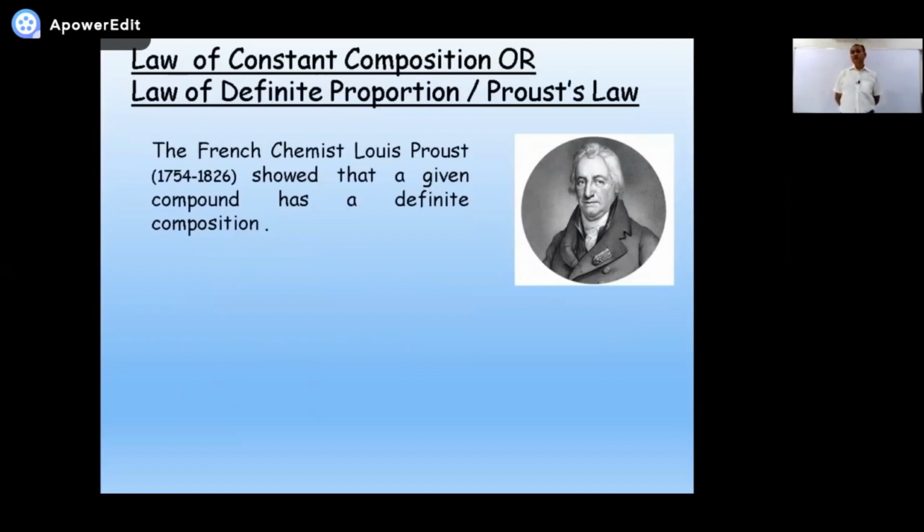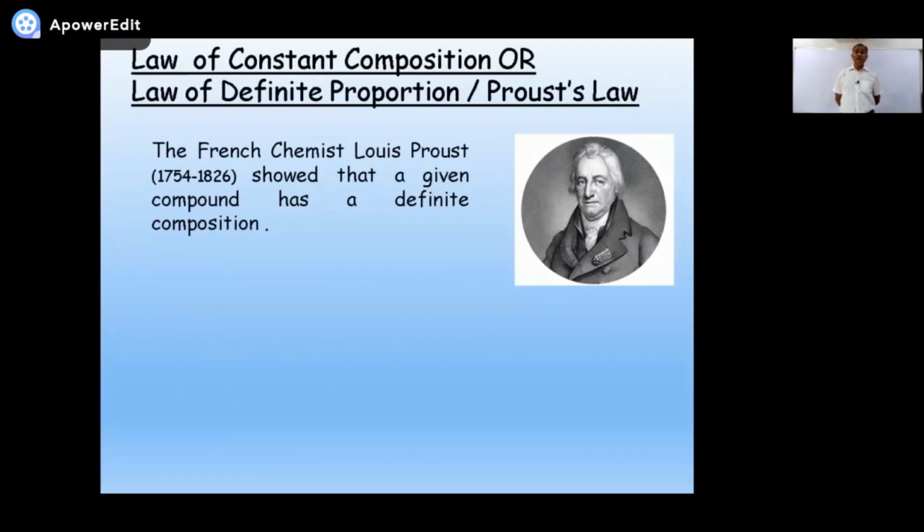Always you will find 2 elements, hydrogen and oxygen. 2 atoms of hydrogen and 1 atom of oxygen will give you what? Water. So if it is water, it means it contains hydrogen and oxygen.